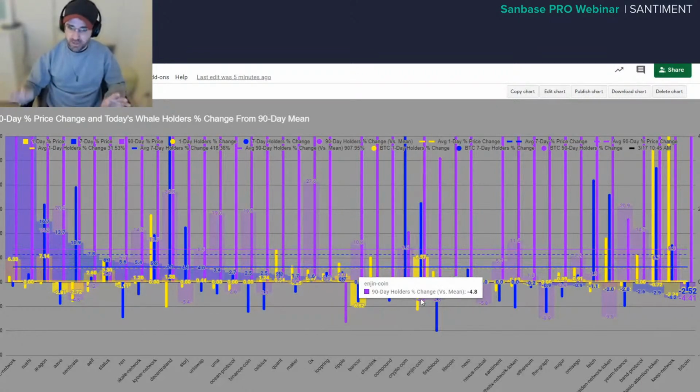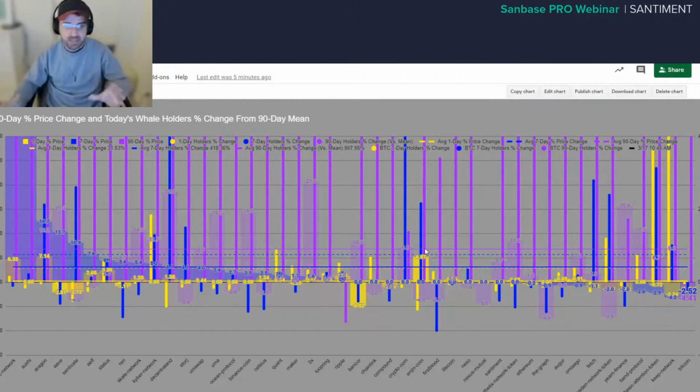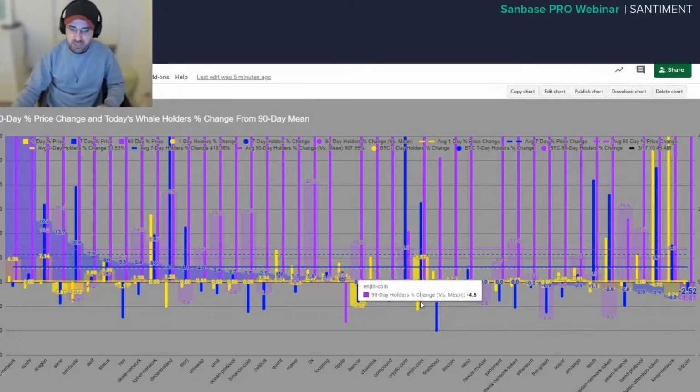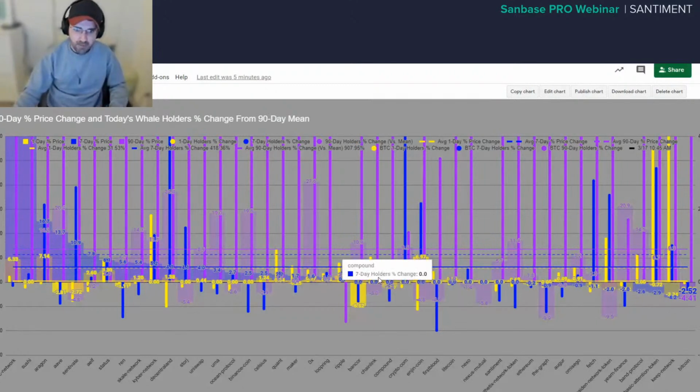Long story short, it functions close to the same as the 1-day and 7-day direct percent change, but it's more effective than just showing where it was 3 months ago, because that might give us outlier numbers.